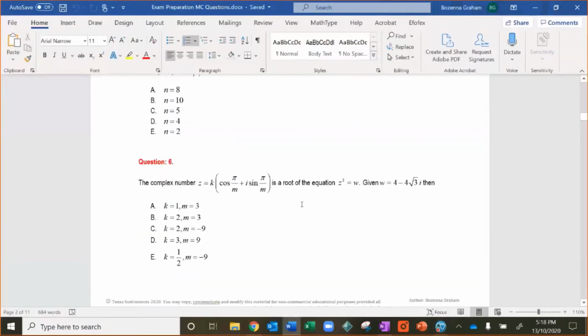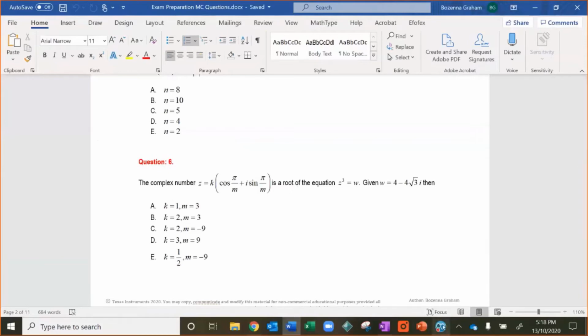One more complex number question. This time z is k cis pi on m, and this is the root of the equation z cubed equals w, given w equals 4 minus 4 root 3 i. Then find the values of k and m.